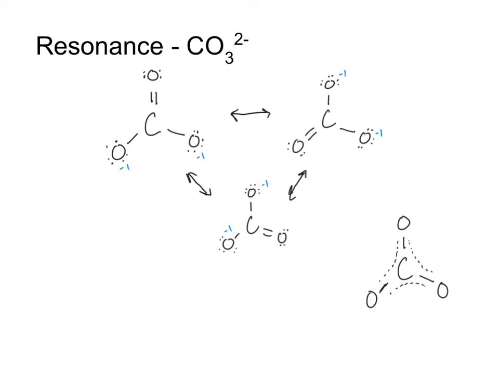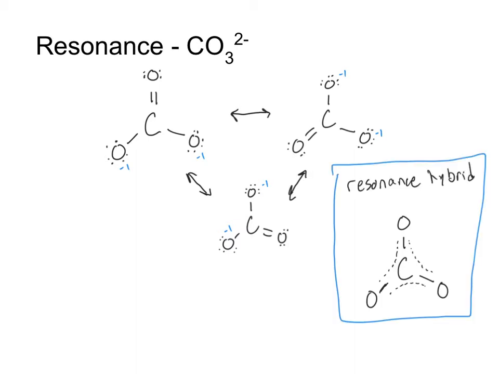And so what this really means is that the two electrons that make up this double bond actually exist in between all and will sort of float throughout this whole entire system. And so each bond has the characteristics between a single bond and a double bond. And so this is our resonance hybrid of the carbonate polyatomic ion.